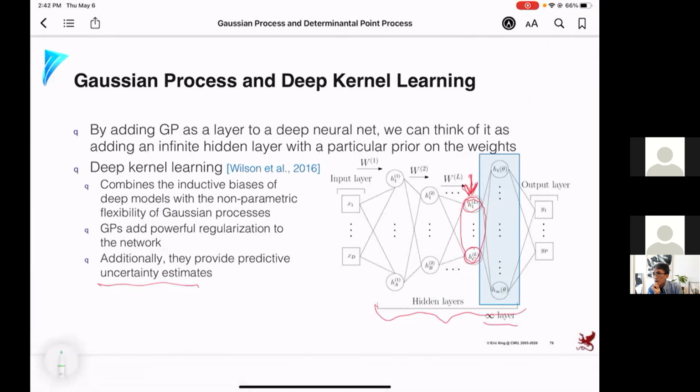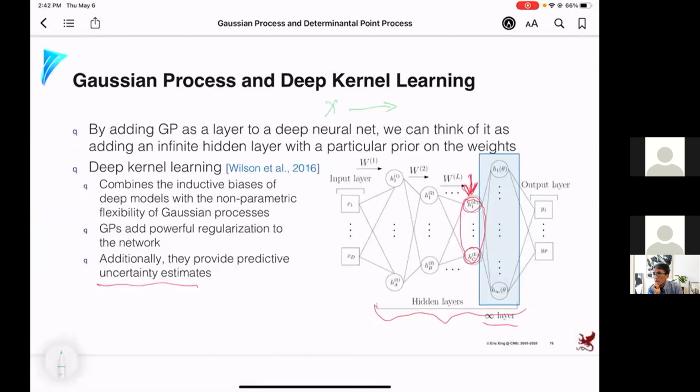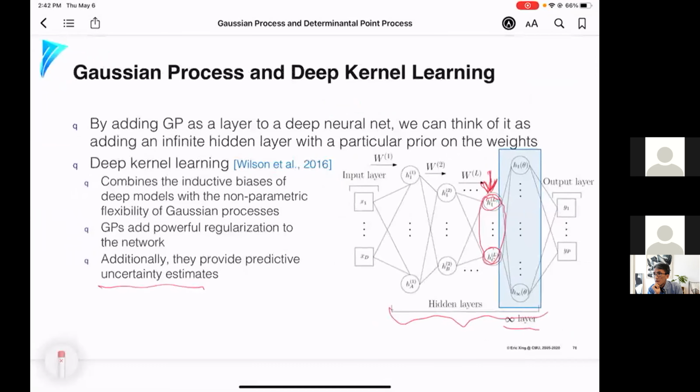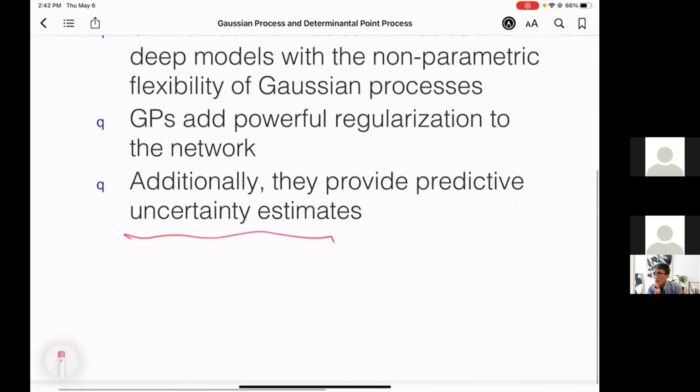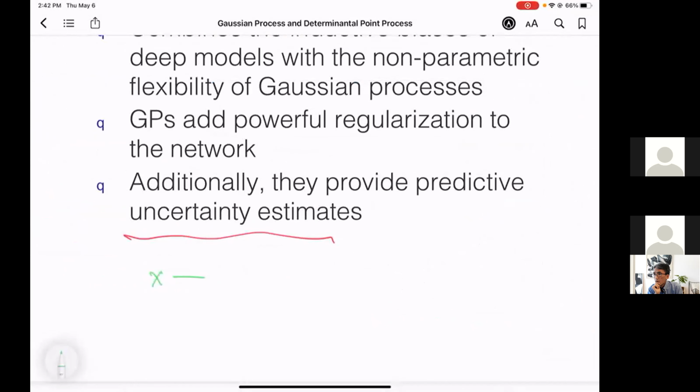Oh, so let me draw a different diagram here. We have input X, we have a neural network like this. So we have X, the input, the neural network, we have H, and we use this to make whatever prediction we need for Y. This is a standard neural network layer, right? Yeah.